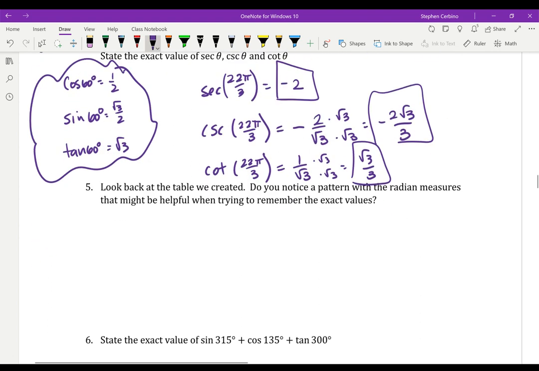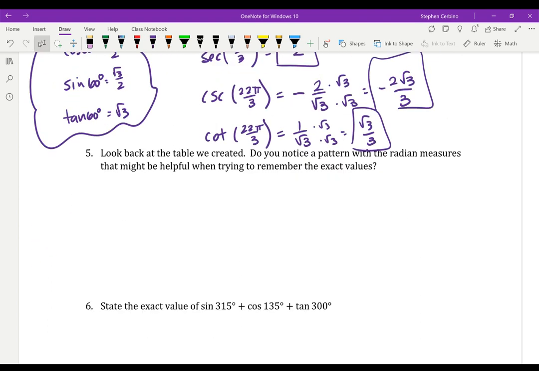Number 5 is a pattern that we've kind of described here throughout. So basically, if the radian measurement is over 3, the reference angle is 60. Over 4, the reference angle is 45.